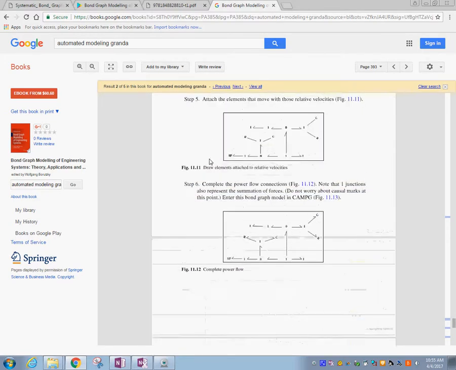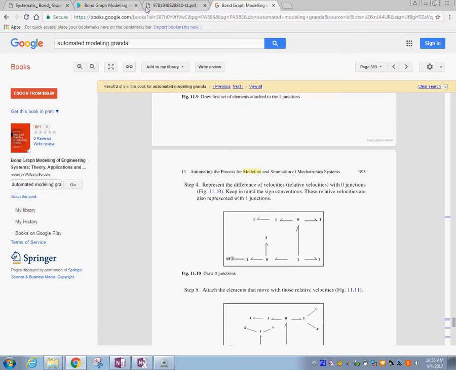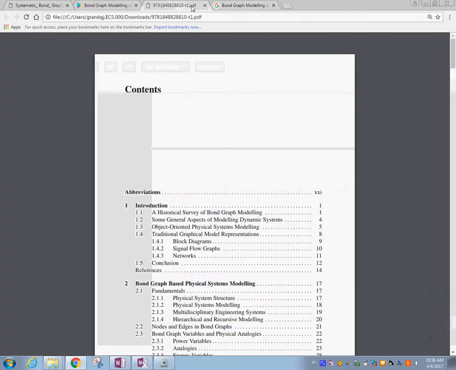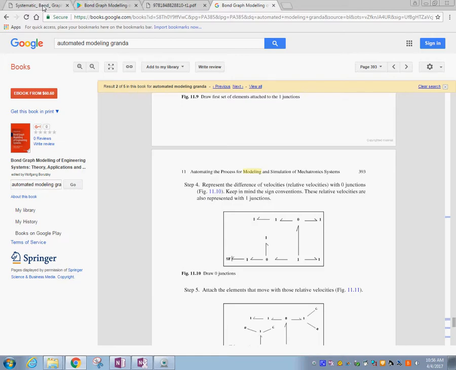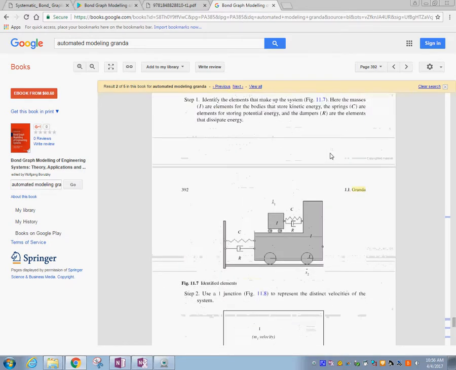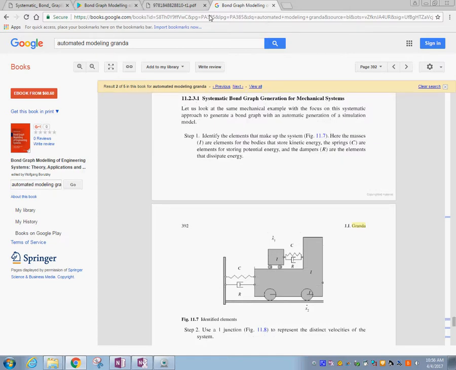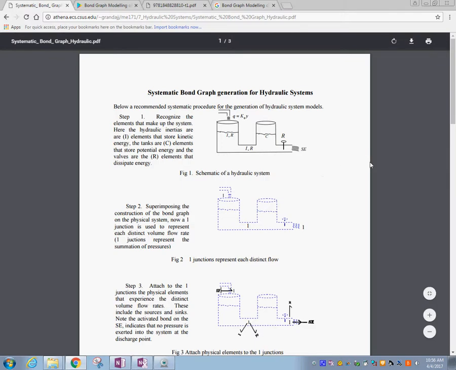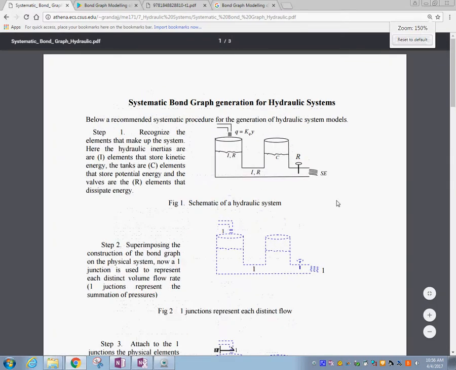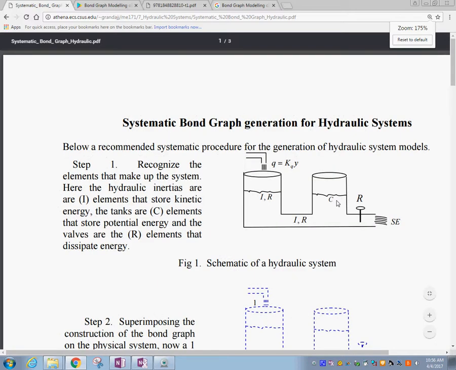So you can take a look at that in the reference, but part of that deals with the hydraulic systems. Okay, here we go. This is chapter 11 of that book. It's called Systematic Bond Graph Generation of Hydraulic Systems.